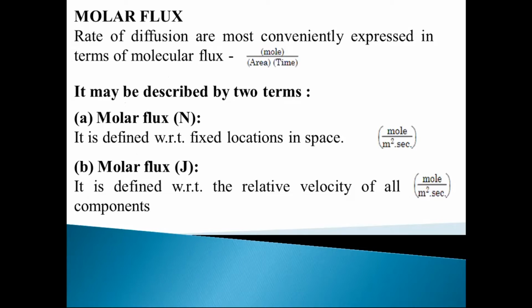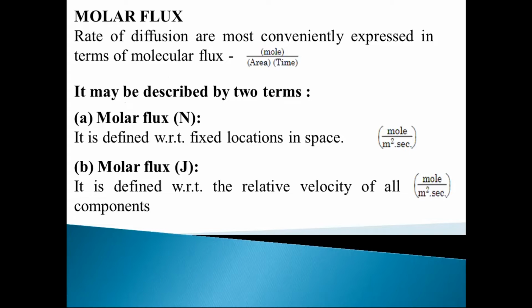The next topic is molar flux. Whenever there is a flux, that is always per unit area and time. Always remember, whenever there is a flux, that is always per unit area and time. So rates of diffusion are most conveniently expressed in terms of molar flux or molecular flux, that is given by mole per area per time.